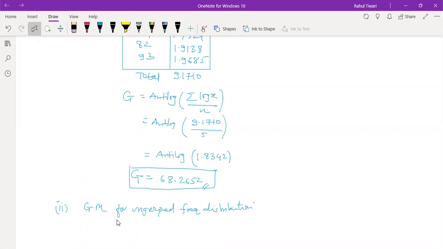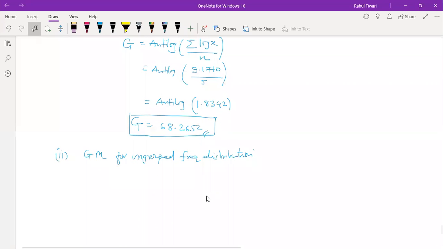The whole criteria is the same, like the definition which I gave. So write everything the same as written above, and it is given by G is equal to x1 raised to f1, x2 raised to f2, so on, xn raised to fn, whole raised to 1 upon n.